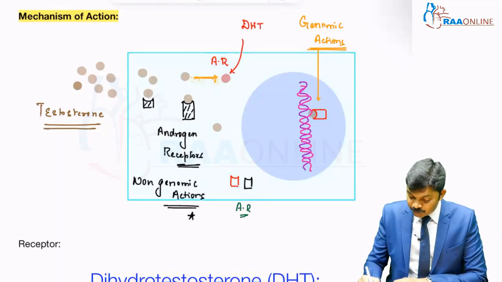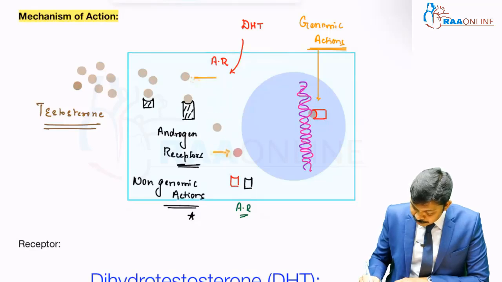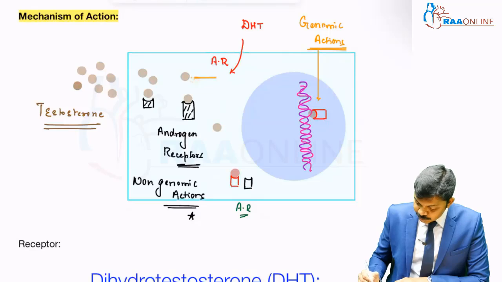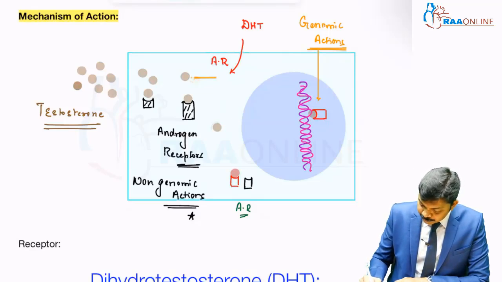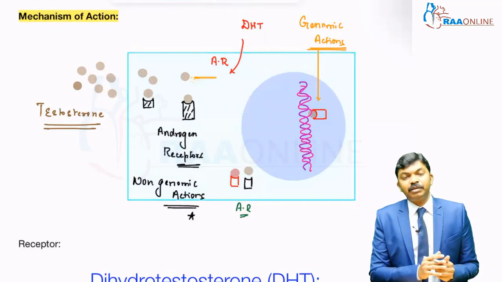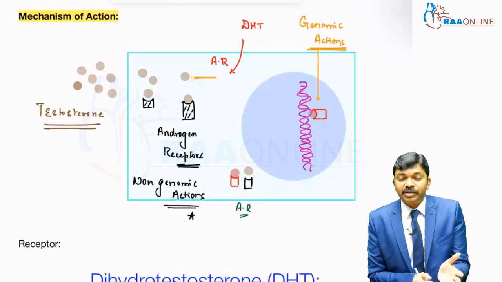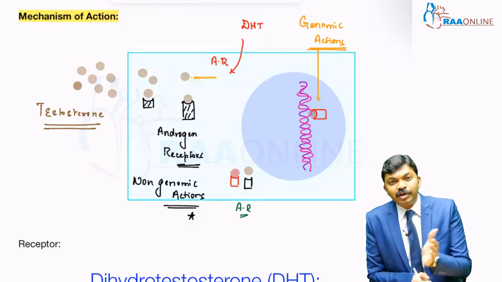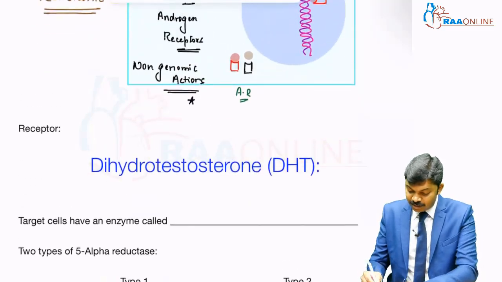So between these two molecules, the affinity of dihydrotestosterone to the receptor is going to be much stronger, very much stronger than the natural affinity for testosterone per se. So here the affinity is quite low, whereas when it comes to DHT, the affinity is extremely strong, and that is why much of the time testosterone gets converted into dihydrotestosterone before it exerts its action, people. Right. So that's the mechanism of action.